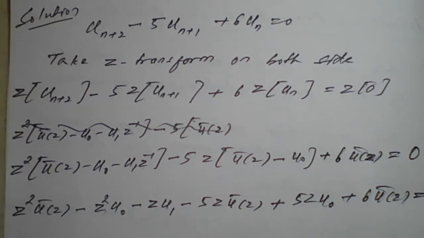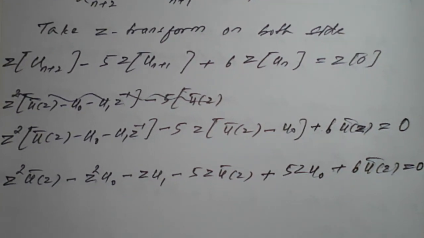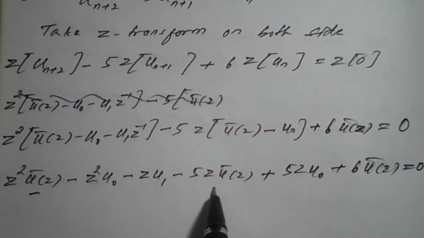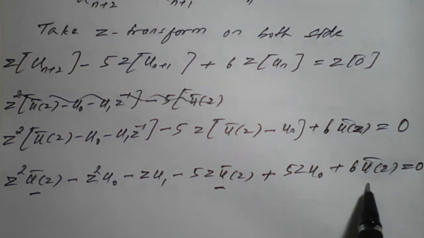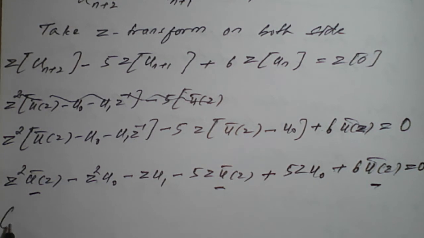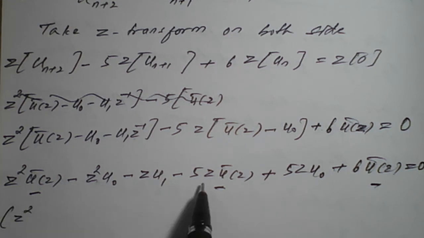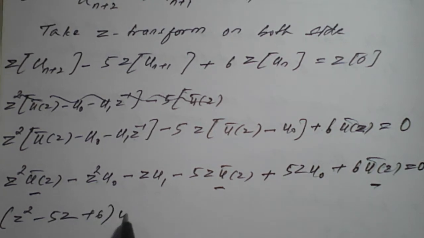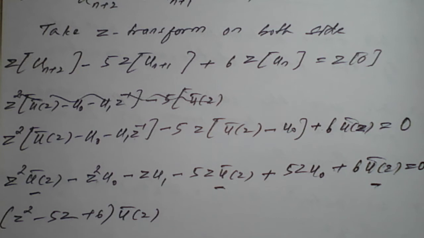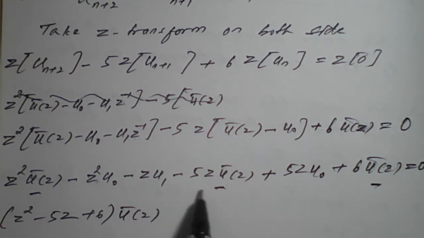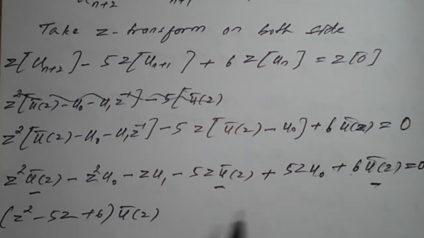Now once we got this step, we need to collect the common things. So I can say that first term, then fourth term and the last term have u dash of Z common. If you take u dash of Z common among these three, we'll get Z square minus 5Z plus 6.